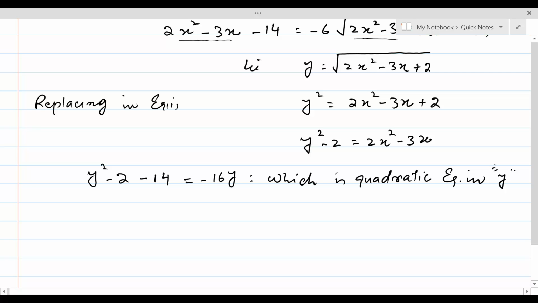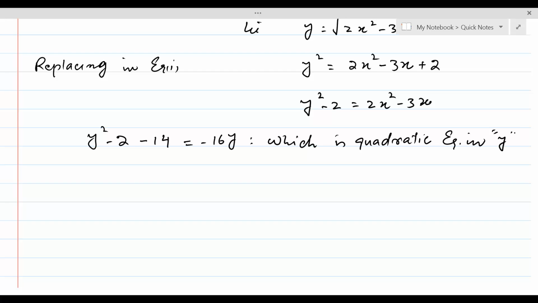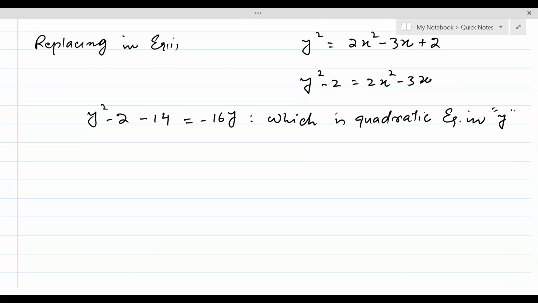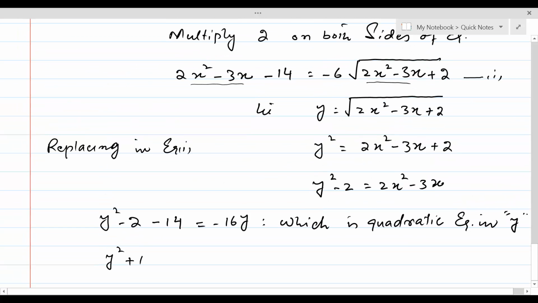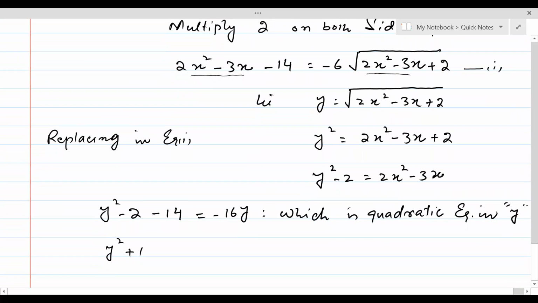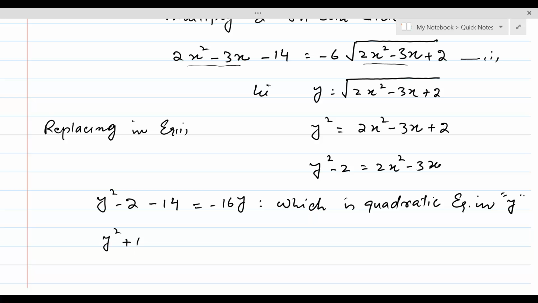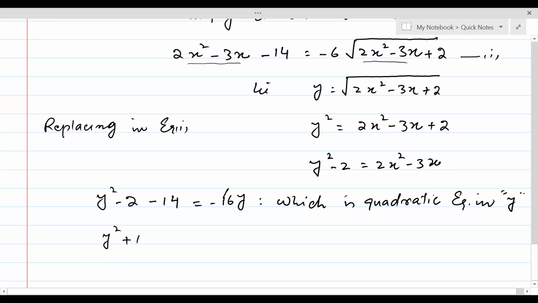So we always try to convert the given radical equation into a quadratic equation, which we have done successfully. Now we will standardize it and then find the solution. So this is y square plus 6, not 16.